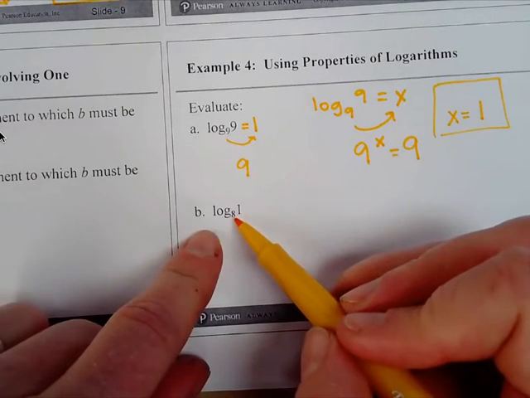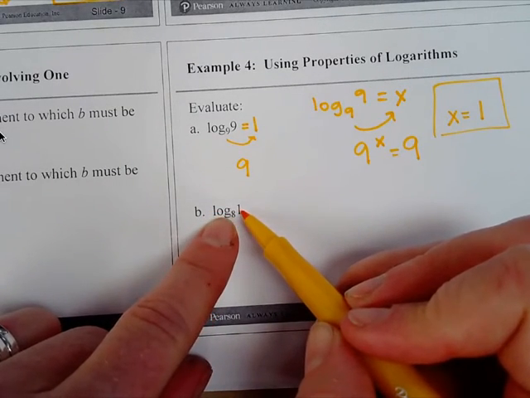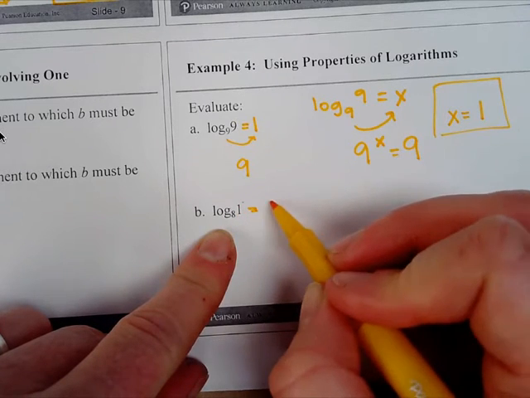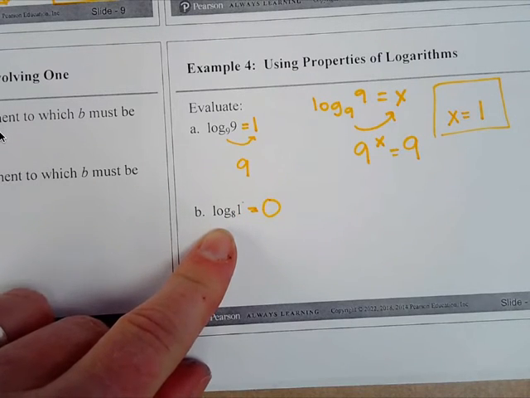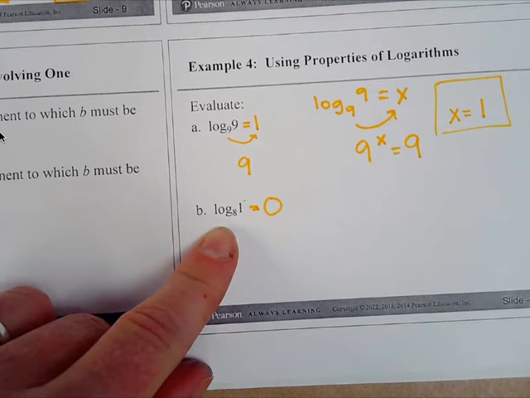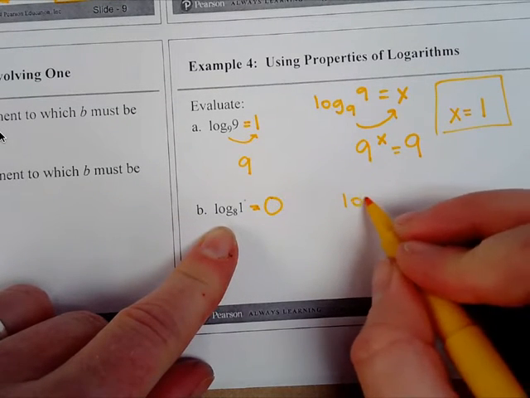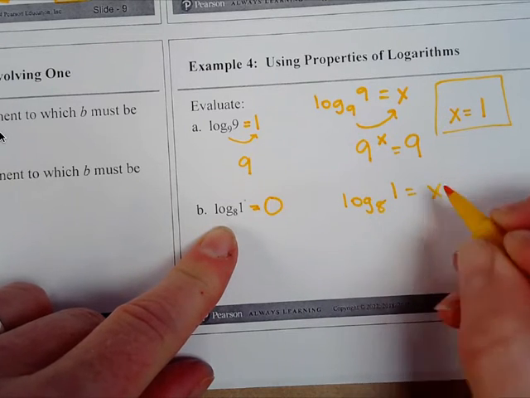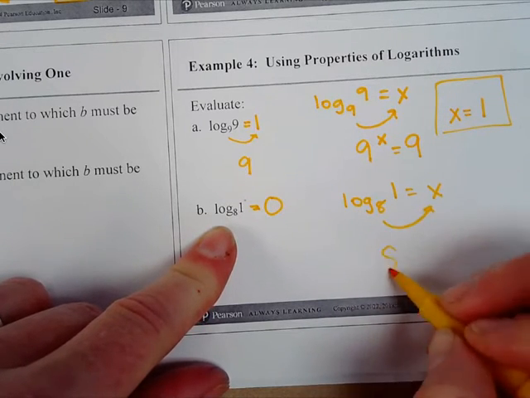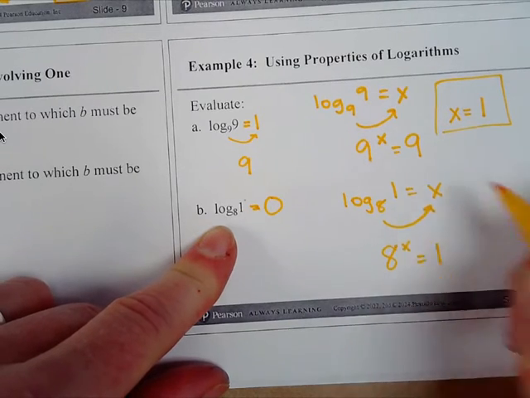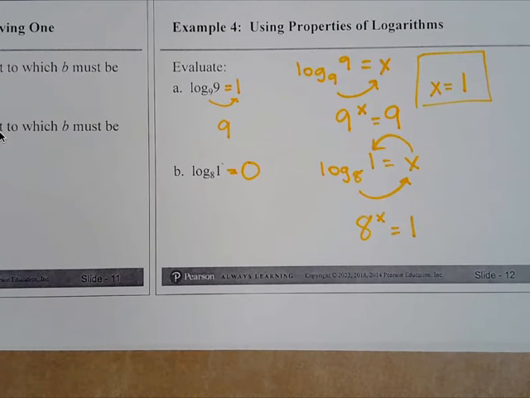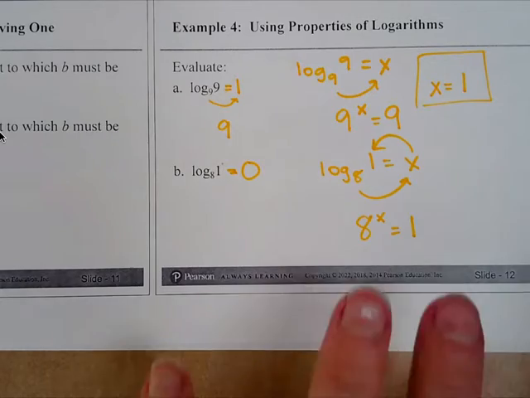And then log base 8 of 1. Anytime this number is 1, then that solution is going to be 0. So log base 8 of 1 equals x. So it's going to be 8 to the x power equals 1. The only exponent that'll give you an output of 1 is 0.